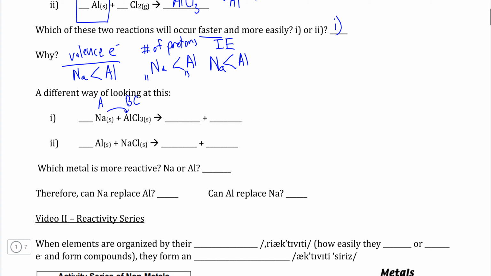If we do a single displacement reaction, we would have sodium and aluminum switching places in order to give us sodium chloride and aluminum, and vice versa with aluminum displacing sodium in order to give us aluminum chloride and sodium metal. The problem is that one of these reactions does not actually make any sense.